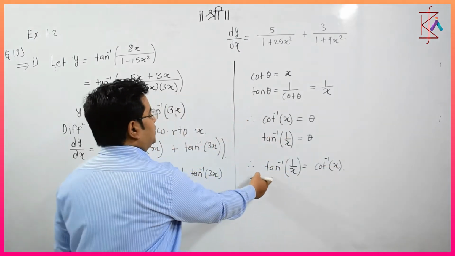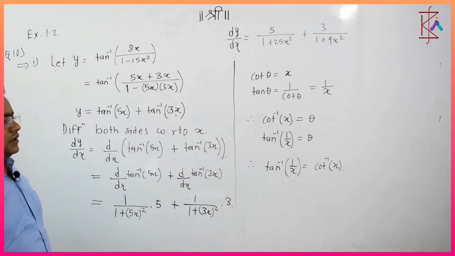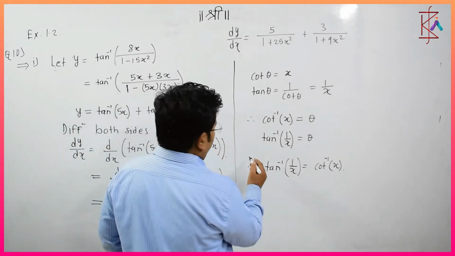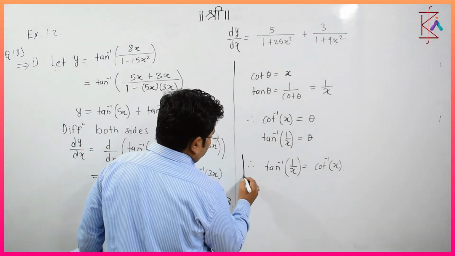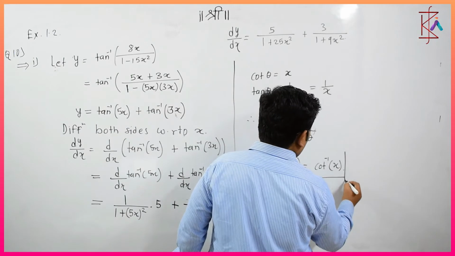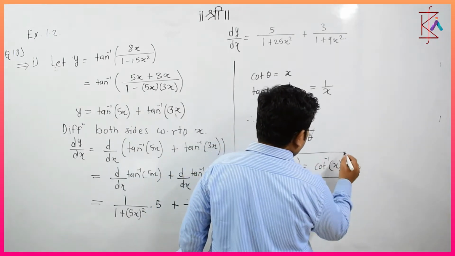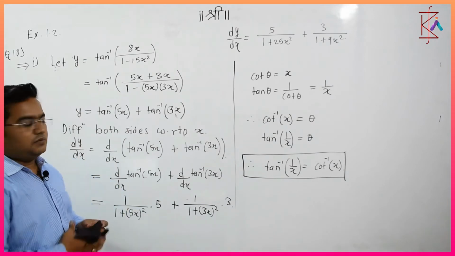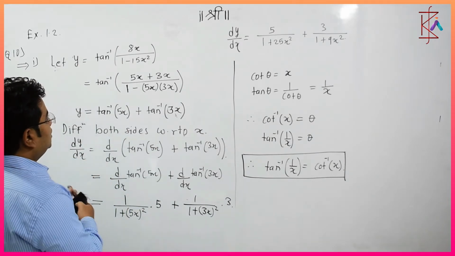This is the most important formula. Do not forget it. It's the most important formula which we are about to apply within the next question. The question number what? Question number 10, out of which we are solving question number 2. So this was question number 1.